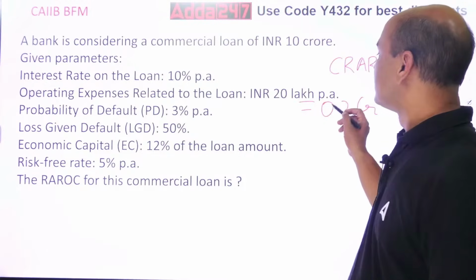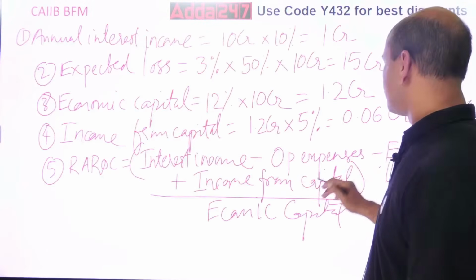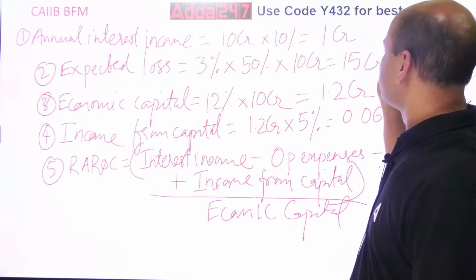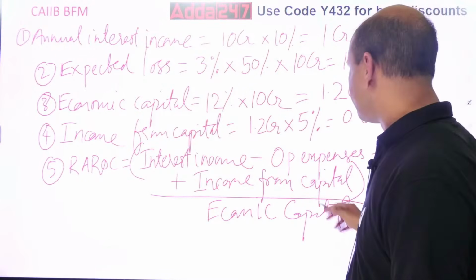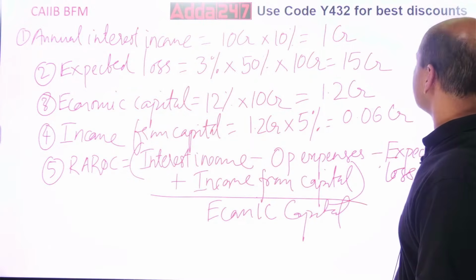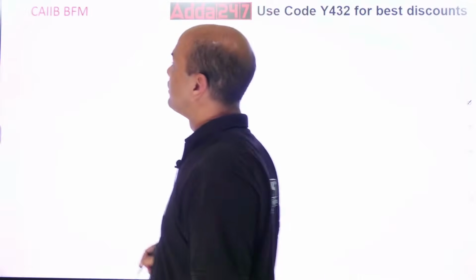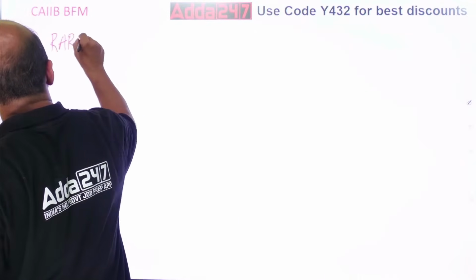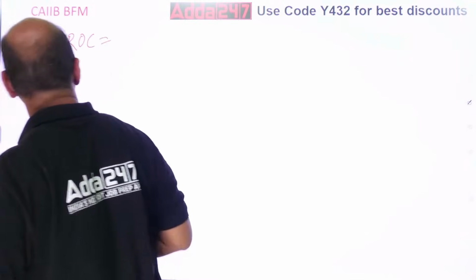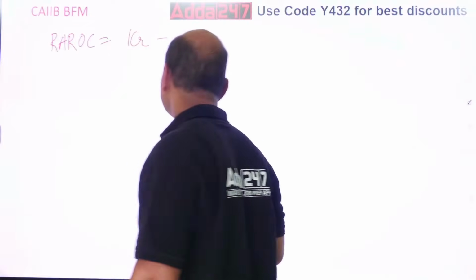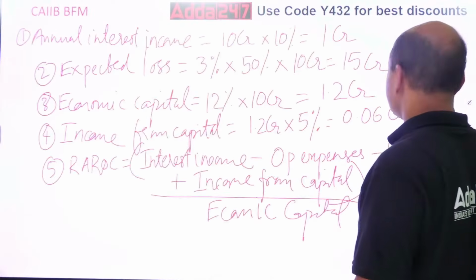So now, this 0.2 minus what is this? Expected loss, that you got over here, 15 CR. Right? And plus income. Got it? So write it down. Everyone get the calculation. So RAROC equals interest income was 1 CR, minus, what is the second one?